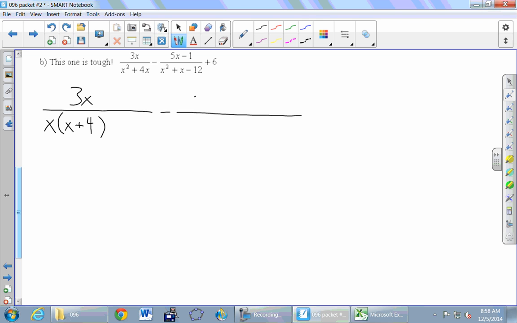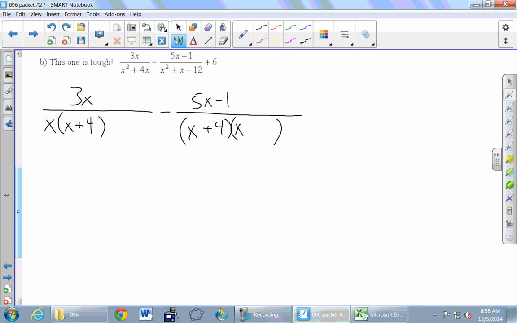Okay, upstairs, 5x minus 1. Downstairs is one of our old product-sum examples. Right? You could use the box if you wanted, but you don't need to. Yeah, so we need a product of negative 12 and a sum of 1.